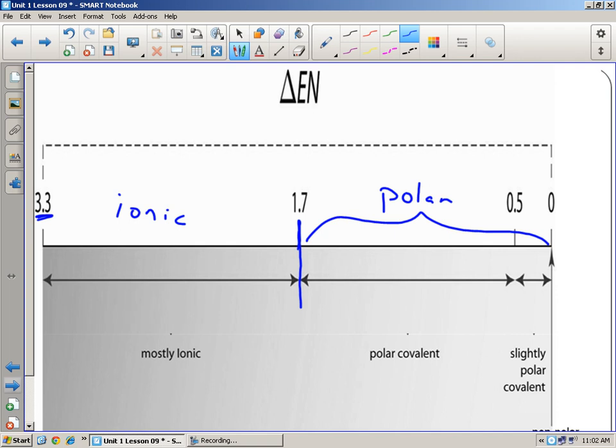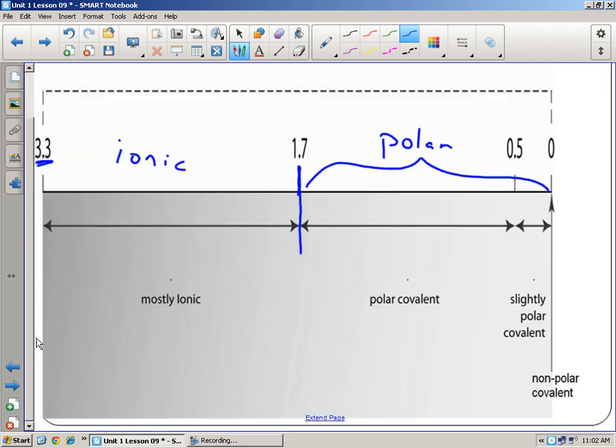I don't really care if it's slightly or very polar covalent. I just want to know where it fits in. So anything above 1.7 we would classify as ionic. Anything below 1.7 we would classify as polar. If it's 0, it tells you at the bottom here, it's actually nonpolar.